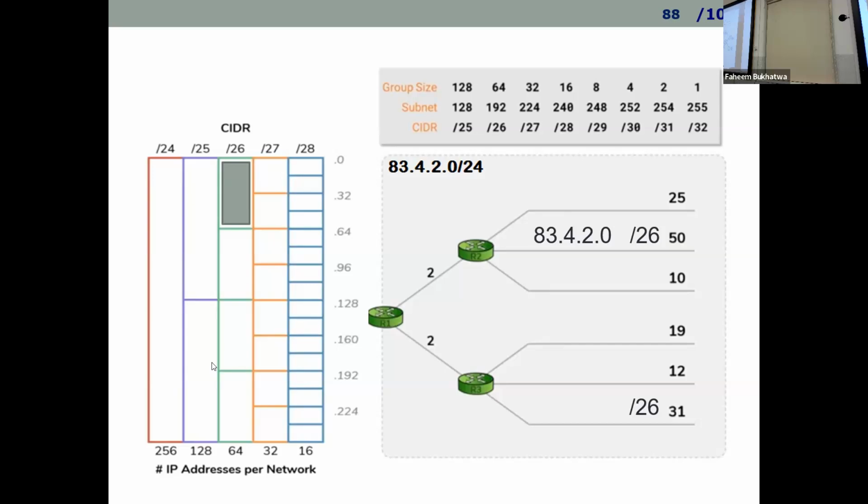If they need 31 machines, you must have 2 more addresses, so 8, 16, 32, 64.